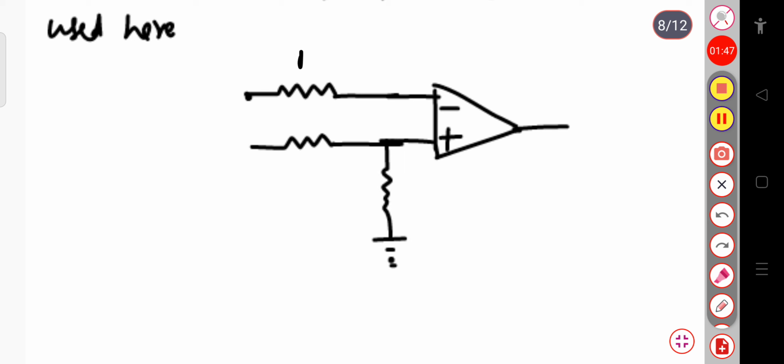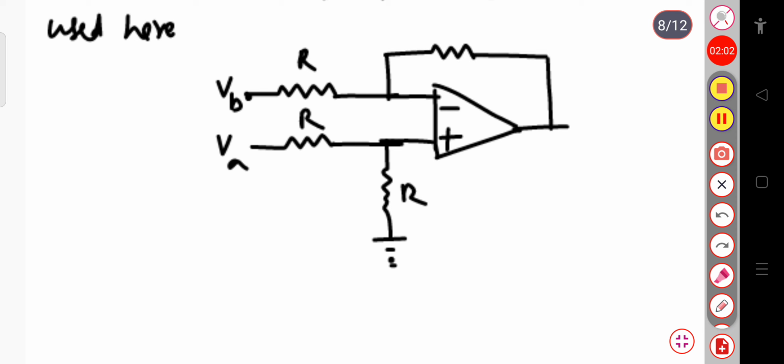Each resistor has the value R. This is your VA voltage, and here the VB voltage will be given across this point, and we connect a feedback resistor at the inverting terminal, and this is your output voltage.